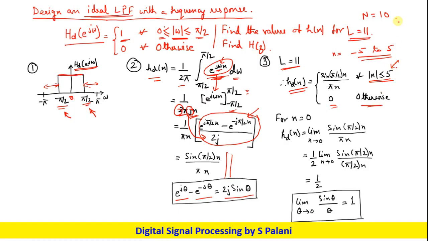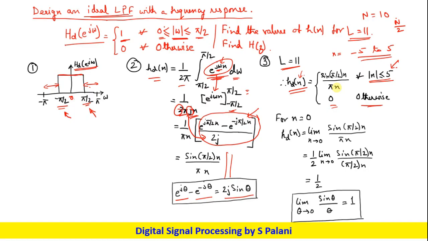It is nothing but modulus of n less than or equal to n by 2. Okay, modulus of n less than or equal to n by 2. So once you have got this, now if you put n equals to 0, what happens? Sine pi by 2, sine of 0 divided by 0, infinite.